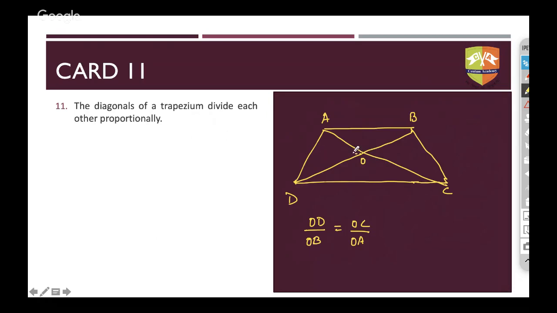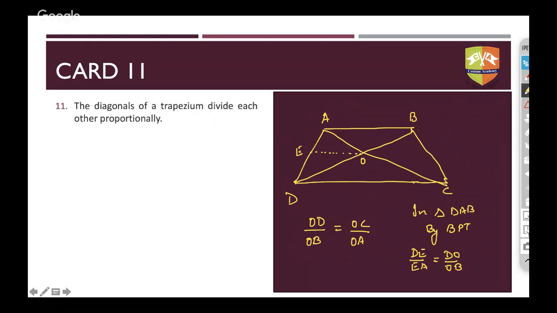You just draw a line from O parallel to AB and join it with AD, and let this point be E. Then in triangle DAB, by Thales, by BPT, since EO is parallel to AB, DE upon EA is equal to DO upon OB.